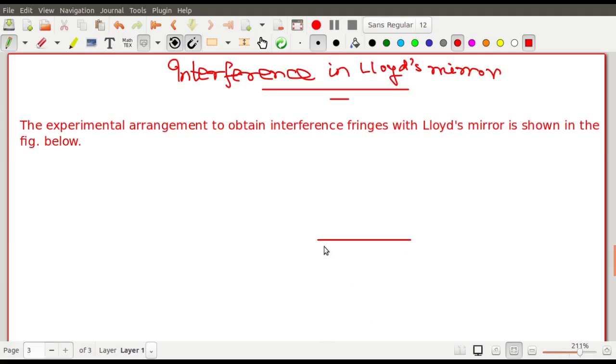So this one is my mirror. Here we consider a mirror and I need a source. This mirror is extended, this side also extended.